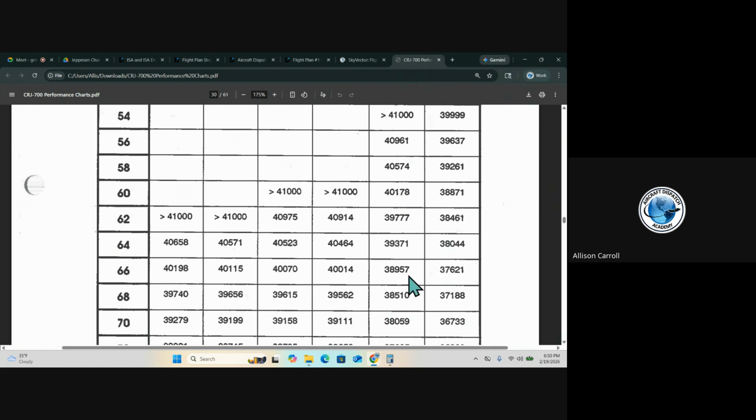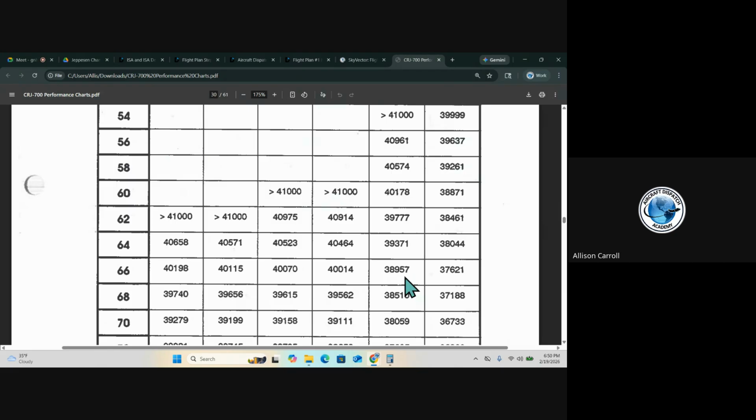There is our altitude capability. This is saying at your takeoff weight from this elevation, and with everything functioning how it should on your aircraft, you can get all the way up to 38,957, which is pretty high.